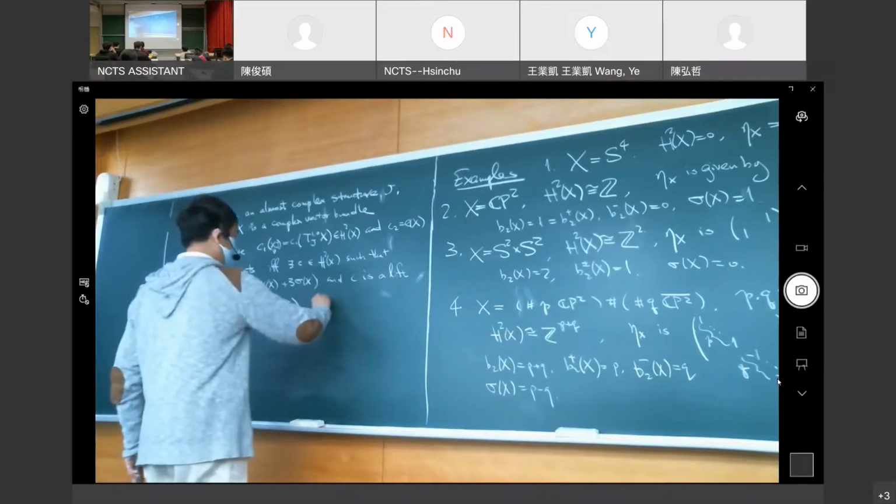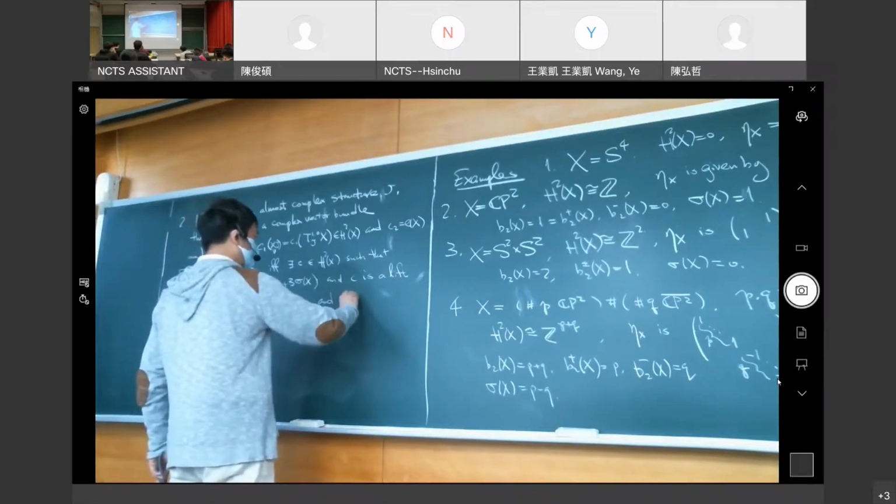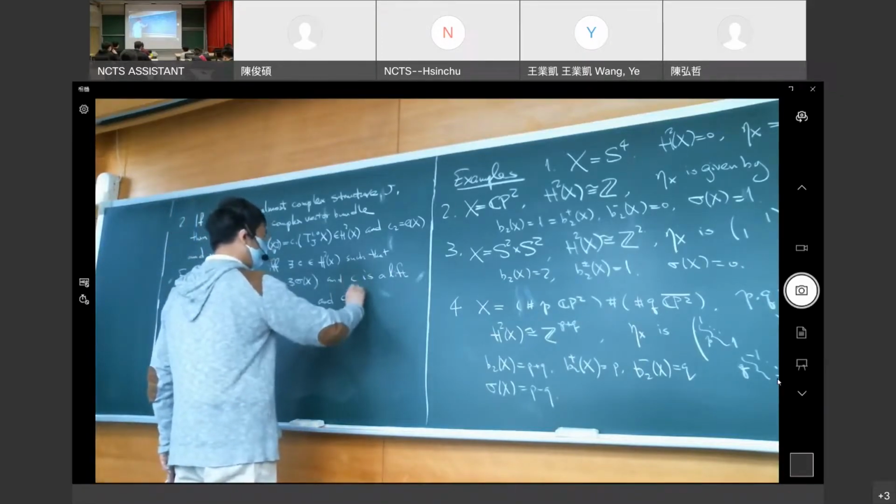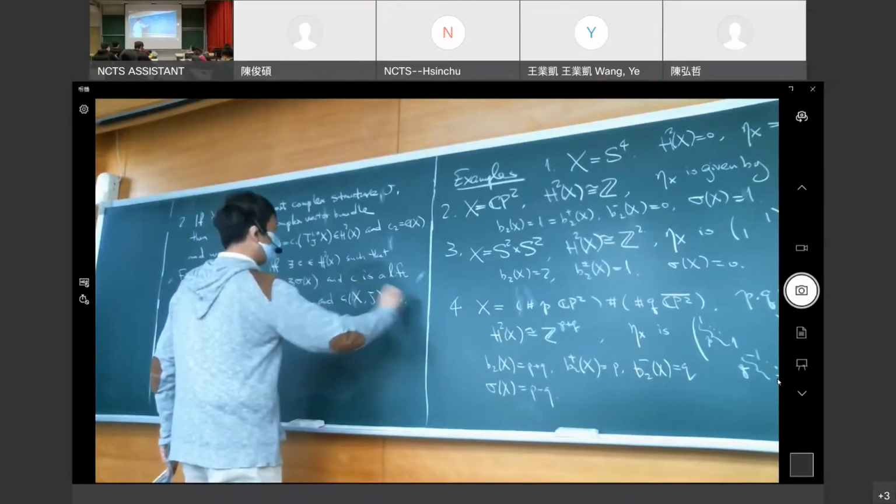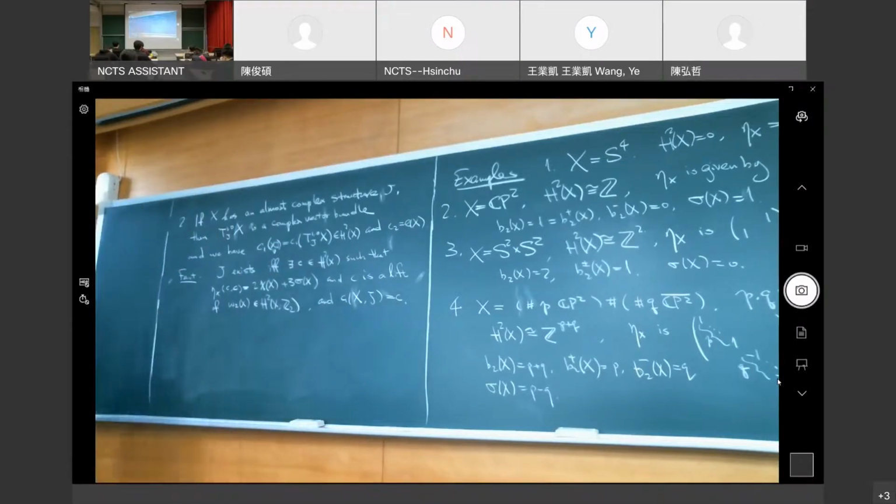And if this is the case, then C1 is actually that precise C, if we take this J given in this way.